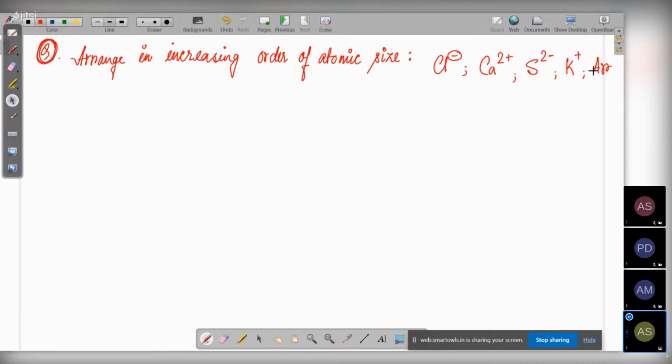Sulfur will be first. So which one is the smallest one according to you? The smallest one is sulfur. But which one is the largest one according to you? Calcium. So what is the logic that you have used?